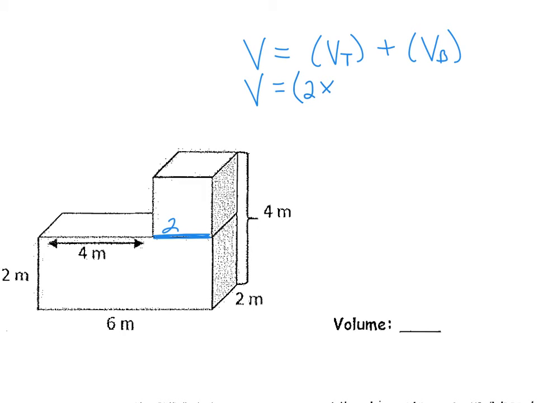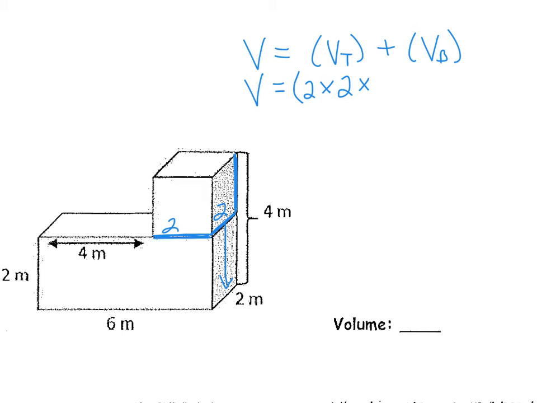Now what's the width? It's not listed there, but it is listed right there. So it again is 2. So length is 2, width is 2. Now I've got to figure out the height. There's nothing listed.